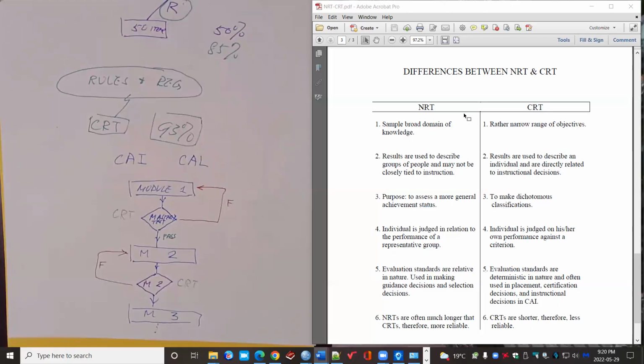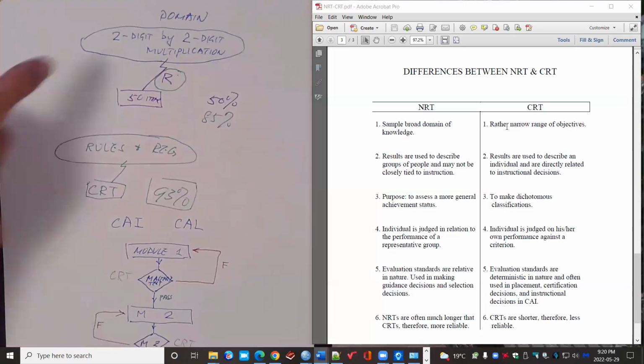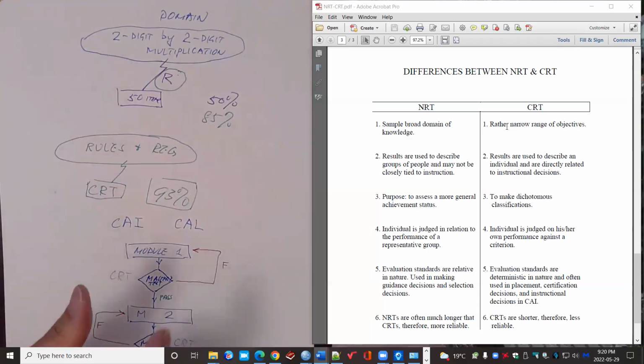CRT has a rather narrow range of objectives, like two-digit by two-digit multiplication, very narrow. Even our driver's license test is very narrow.